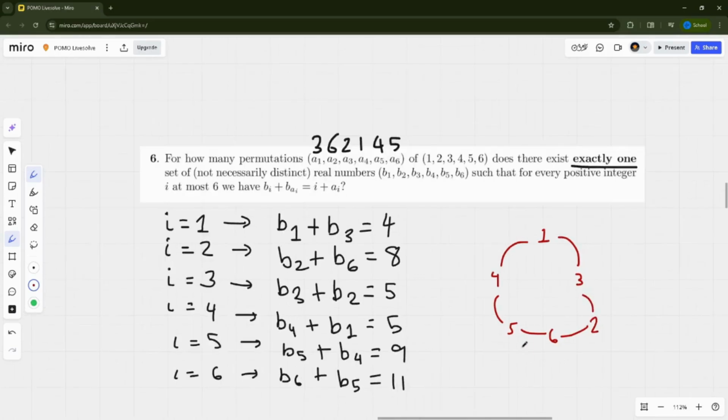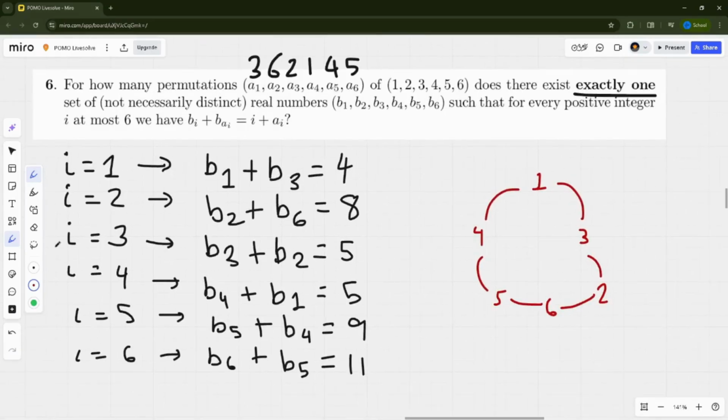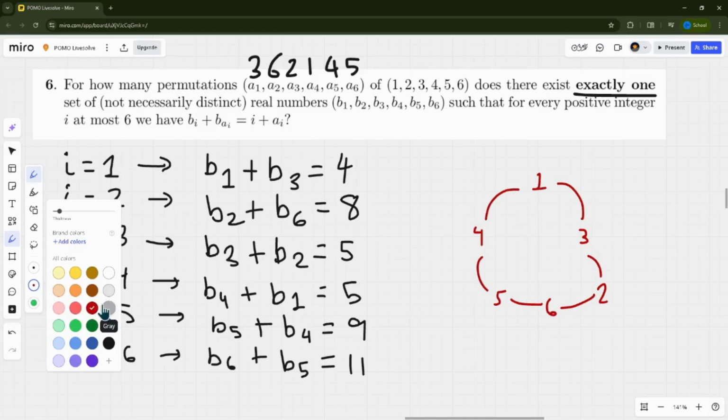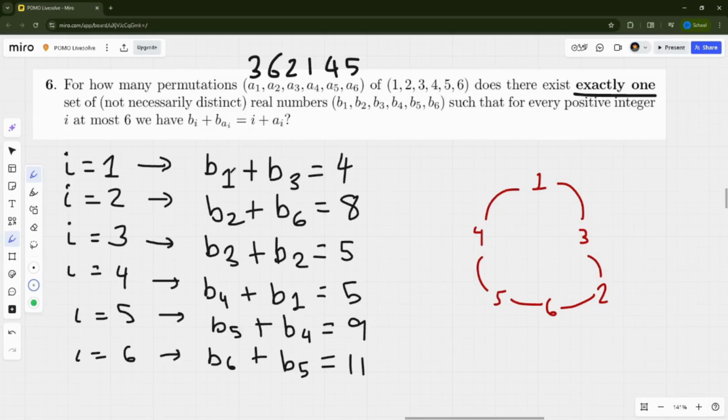So we can change these. Let's say b1 is something like 0. Then b3 here is equal to 4.